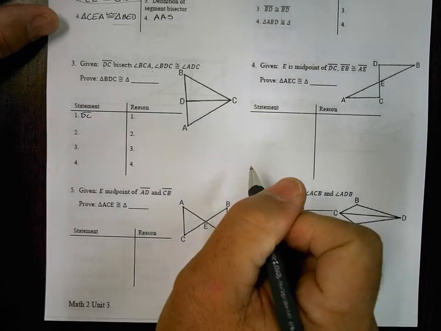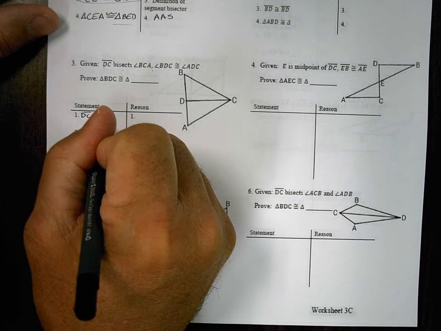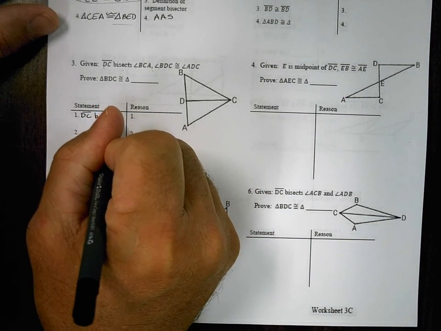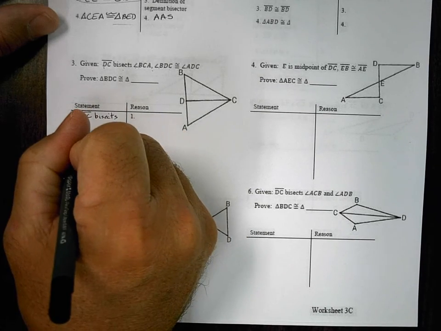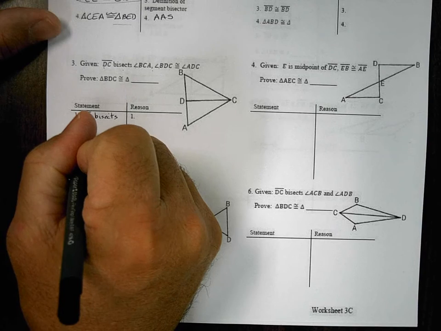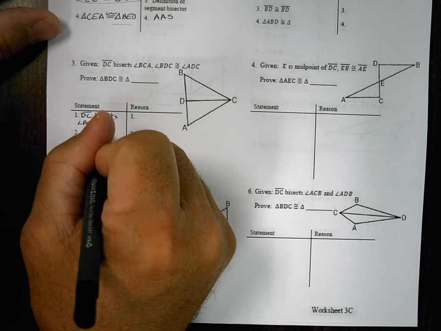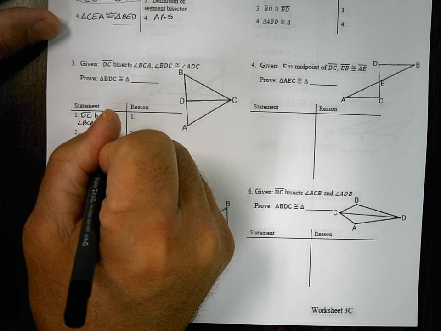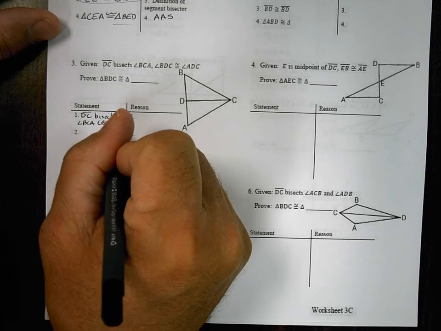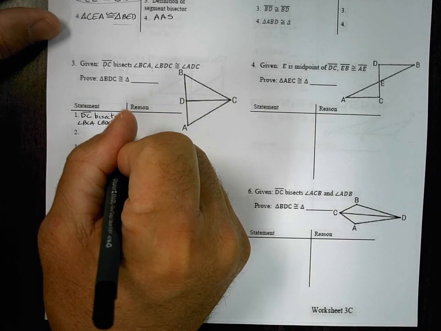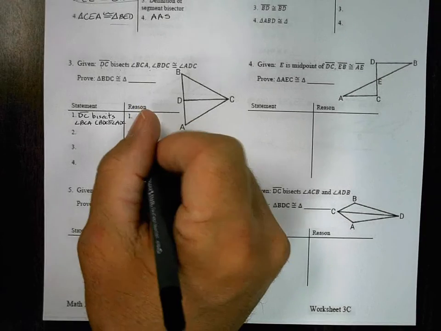DC bisects angle BCA, and we know that angle BDC is congruent to angle ADC. Didn't give us a lot of room, and that is given.